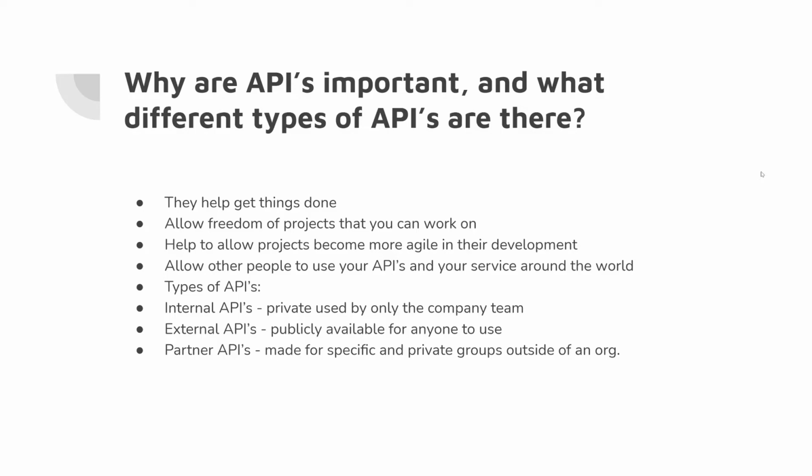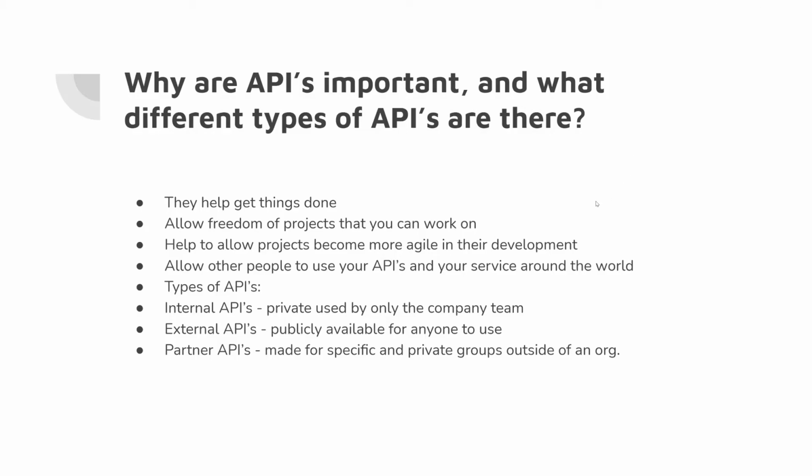So generally, companies like to keep APIs internal, especially if these APIs use trade secrets or things that people in the public should not be able to use. However, there are tons of external APIs and tons of ways that people publicly can use things that big companies have.